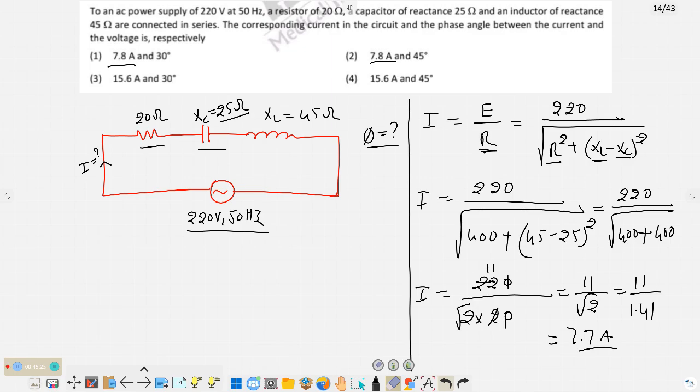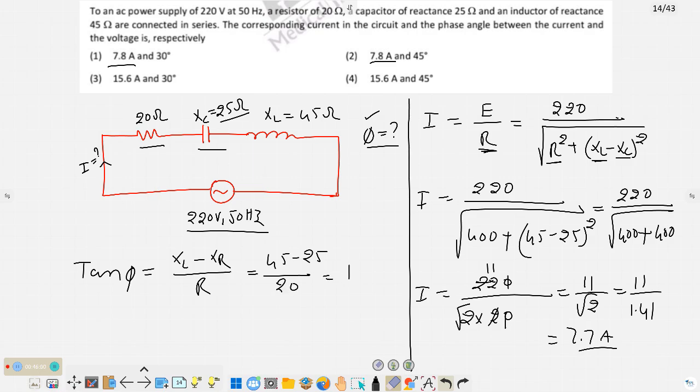And what is the next question? Phase. So you know how to find the phase in the question. The phase angle between the voltage and current is found using the phasor diagram and the formula (XL minus XC) by R. Using the phasor diagram we can write XL value 45 minus 25 by the resistance value 20.